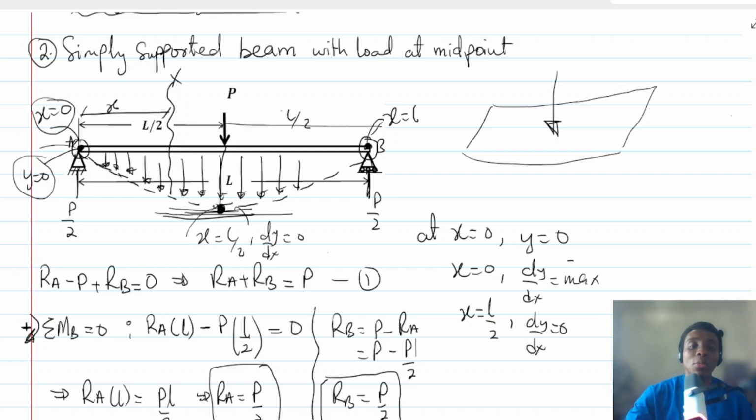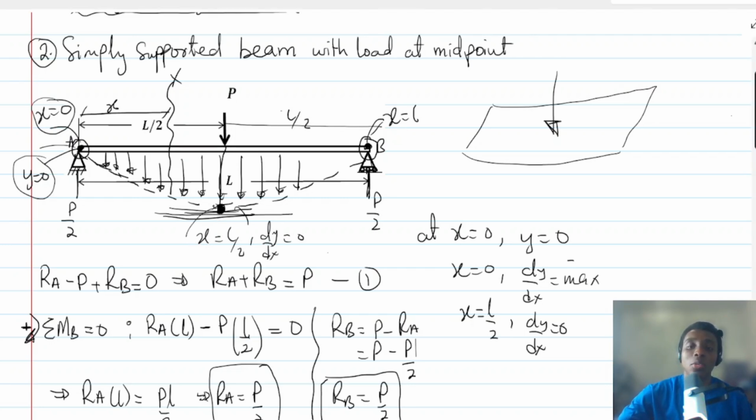But that is where the maximum deflection will occur. Please take notice of this. For a simply supported beam with a load at the center, the deflection is maximum there. However, the slope is 0 over there.